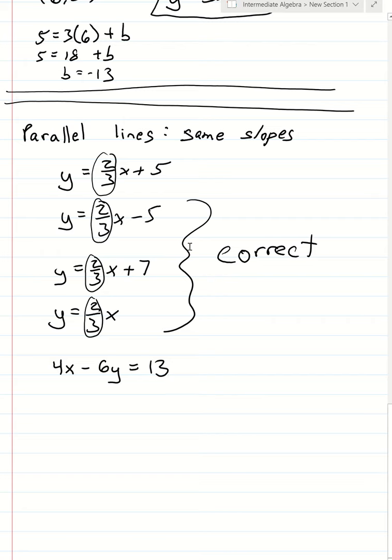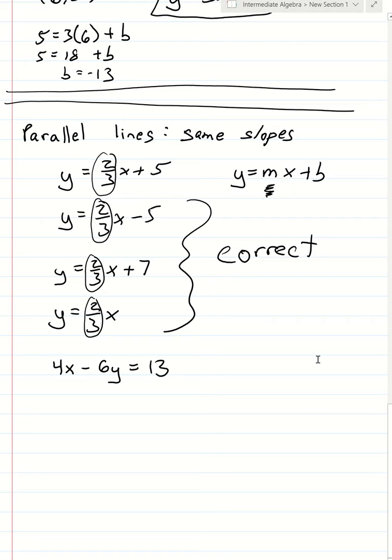Well, that's because of the form that it's in. Remember, these equations are in that slope-intercept form of y equals mx plus b, where to find the slope, you have to look no further than the number in front of the x. But let's take a look here. Is this equation parallel to the others?